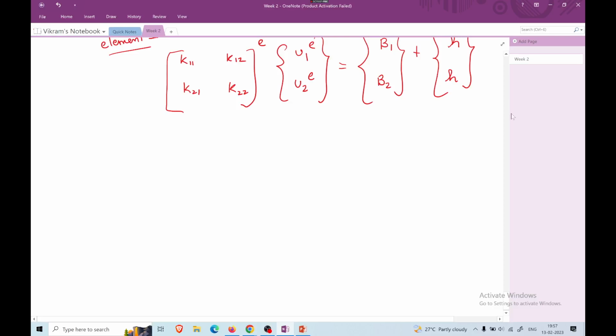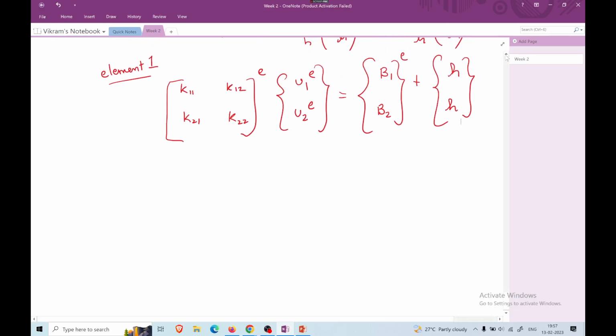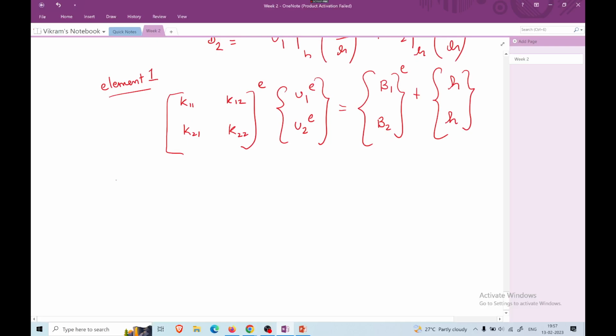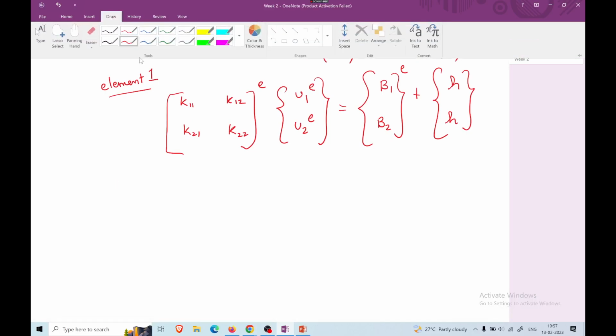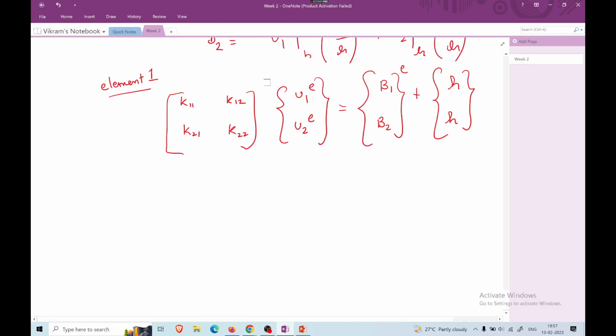So similarly for element 2 also we can write. I'll just instead of e put it as 1: k11 k12 k21 k22 with superscript 1, and this h is common.